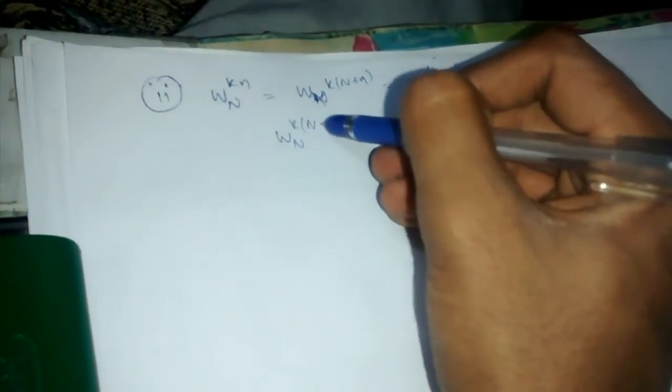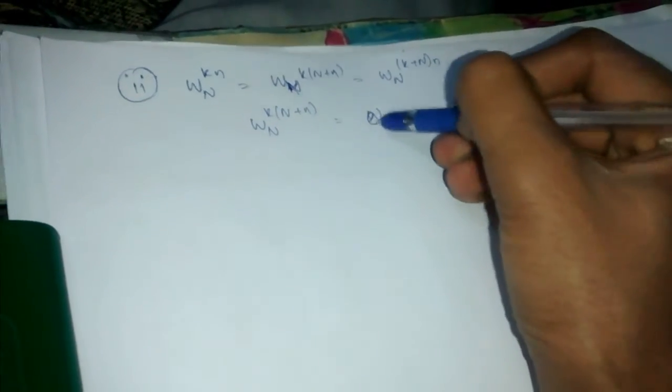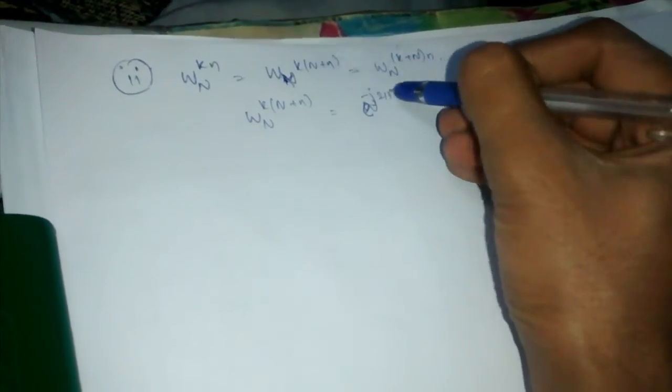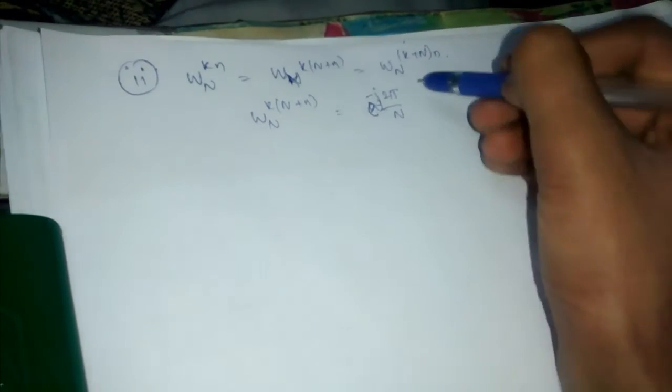That means this shows W_N of k(n plus N) is given by e power minus j 2 pi by N into k into (n plus N).